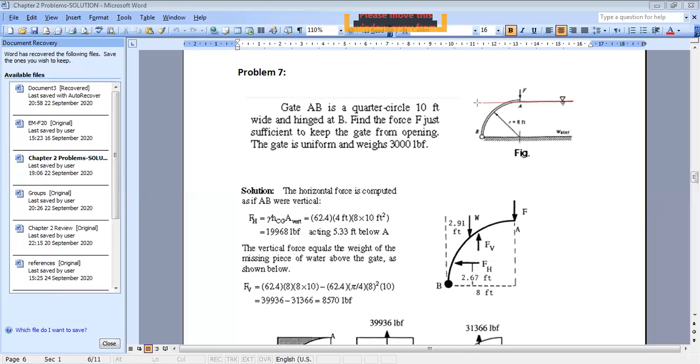If I continue the level of water, if I imagine that I have water here, I can see that above this curved part, I have a certain volume. Okay, this volume that is not filled with water is called the missing volume. So this part, this is what we call the missing volume of water.